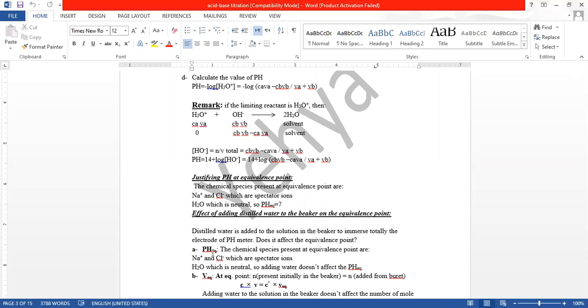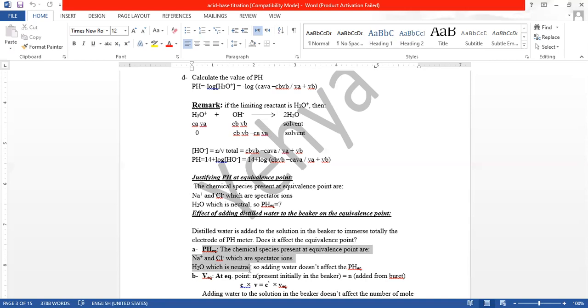طيب السبب؟ Okay. With respect to pH at equivalence, you have to justify your answer based again للمرة الثانية on the chemical species present at equivalence. رح ارجع عيد نفس الحكي اللي حكيته فوق. The chemical species present at equivalence point are Na plus for example and Cl minus which are spectator ions وال H2O which is a neutral. فإذا الوحيد الموجود at equivalence point هو الwater.